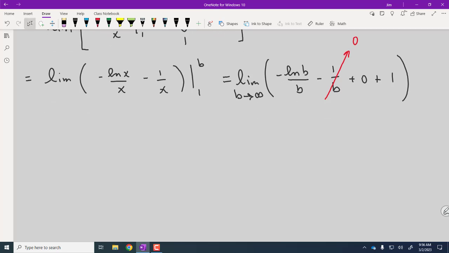L'Hopital's rule. So L'Hopital's rule, let's talk about that for a minute. When we look at this fraction, we are thinking of the numerator and denominator independently. We are saying the numerator goes to infinity, the denominator goes to infinity.